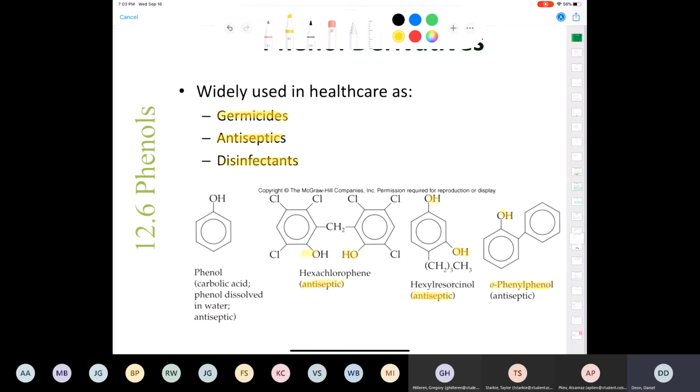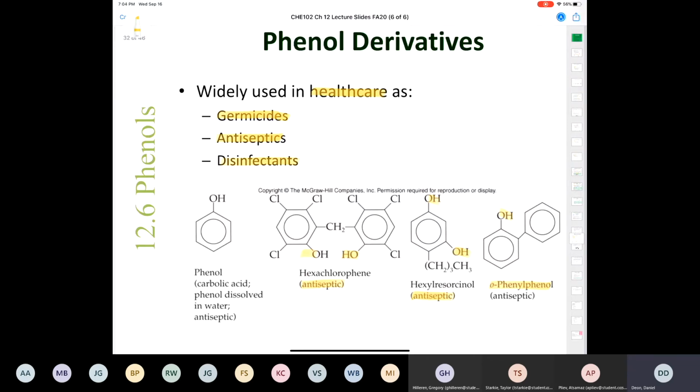So basically, things that are used widely in healthcare to keep buildings and patients and equipment and clothing and surgical tools sterilized. So that's what phenol derivatives are used for. And as I told you, phenol has the old name carbolic acid. So when you have a solution of phenol in water, it's called carbolic acid.